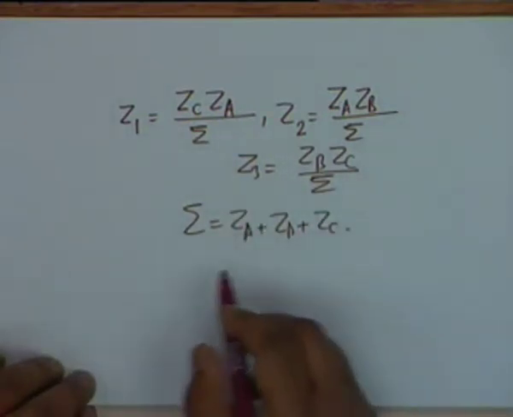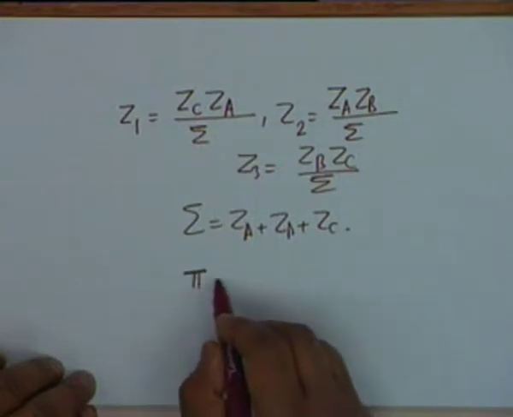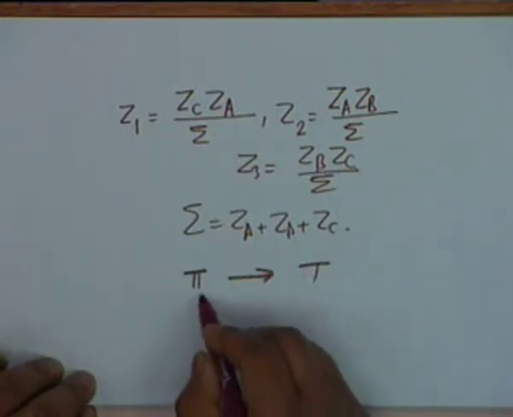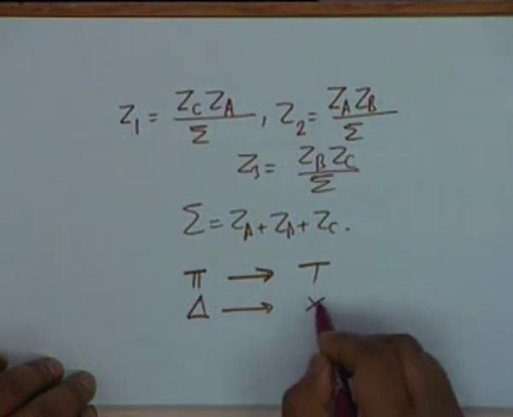This gives you conversion from pi to T or delta to star.